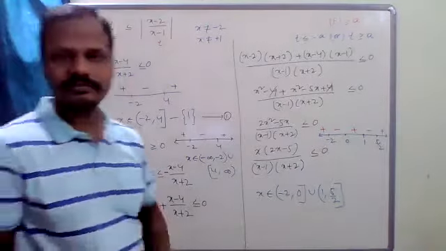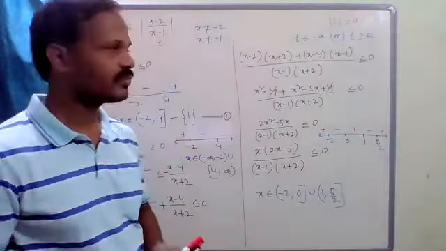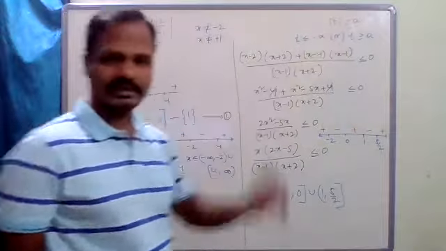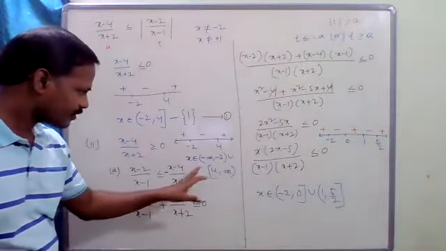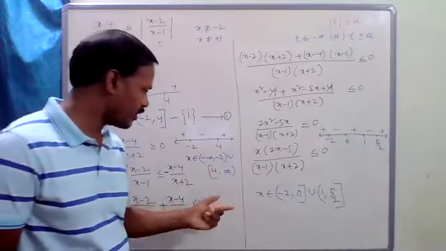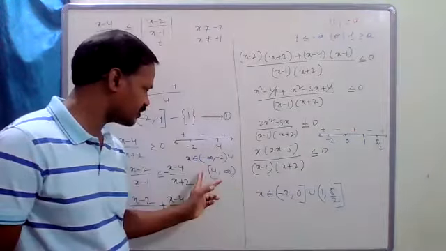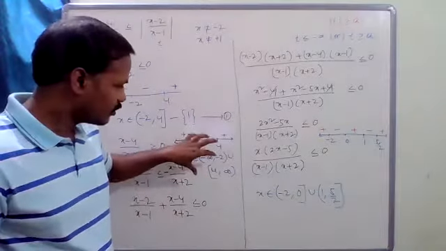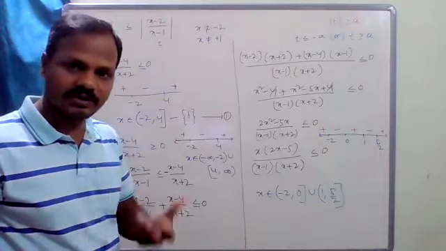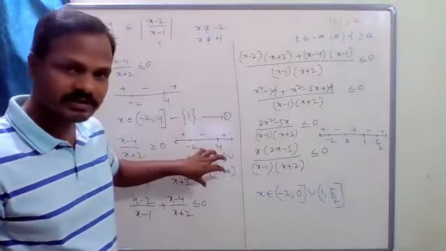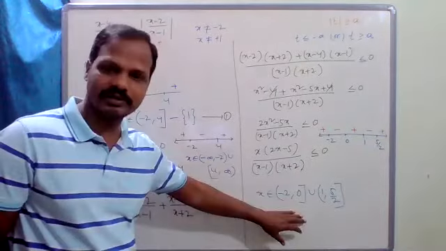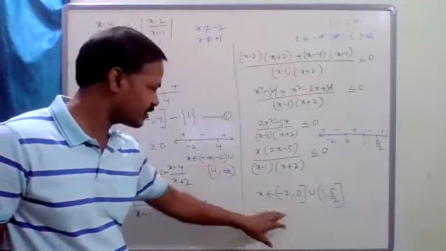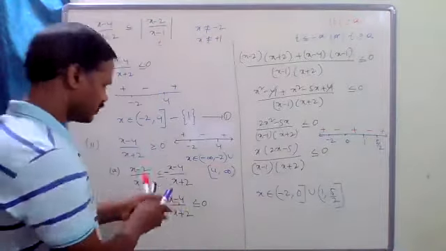So now you have to apply intersection of these two, because you have to collect the values of x which are in this set of values of x and also in this set of values of x. Now you apply intersection of these two.